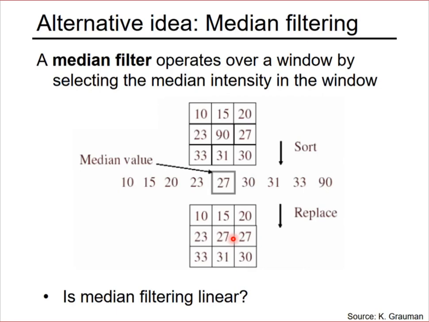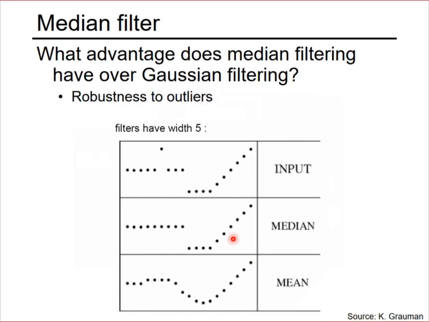So it's the median filter. And the advantage of the median filter is that it is very useful for removing outliers. For example, if we just take the 1D data as a reference, this is the outlier, and we want to remove it.